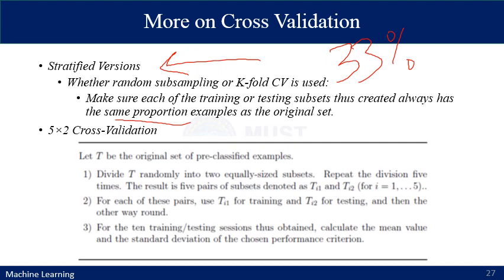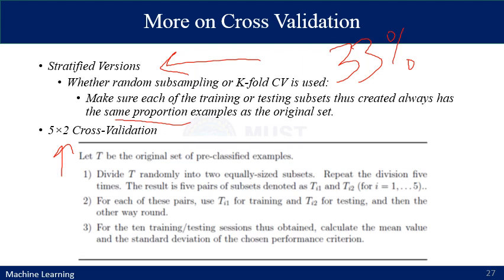The first task is to divide T randomly into two equally sized subsets. Then for each subset, repeat the division 5 times. The result is 5 pairs of subsets denoted as Ti1 and Ti2, for i from 1 to 5.